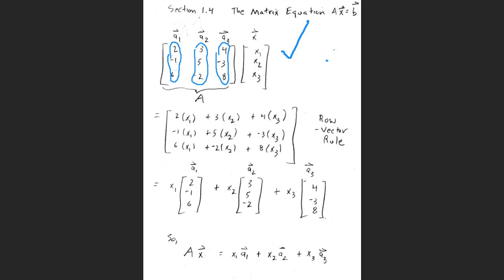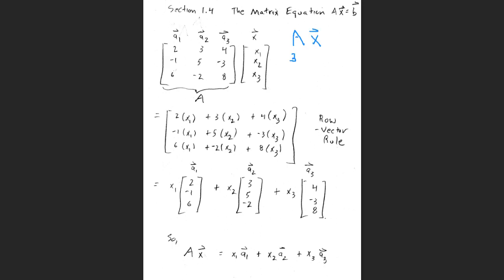And what we are going to do here is multiply the matrix A times the vector x.